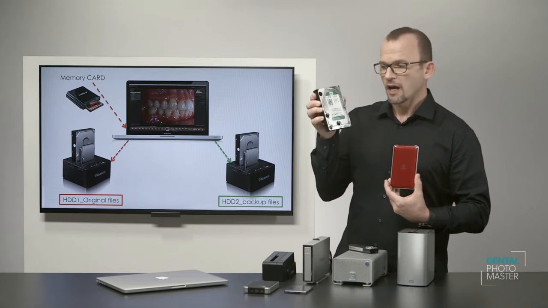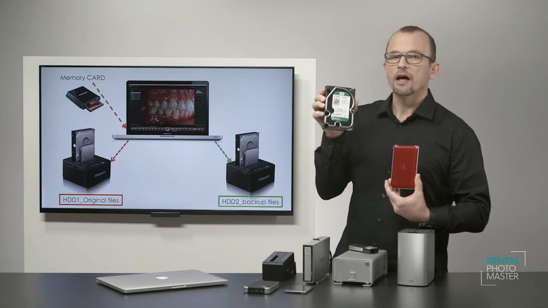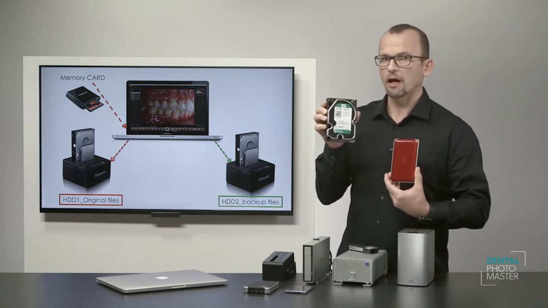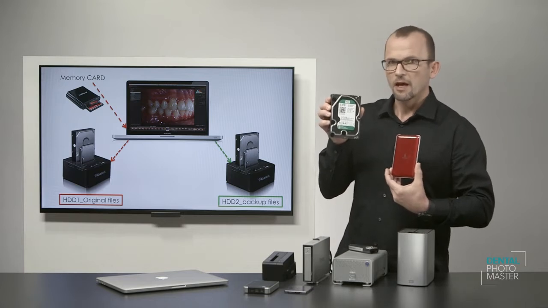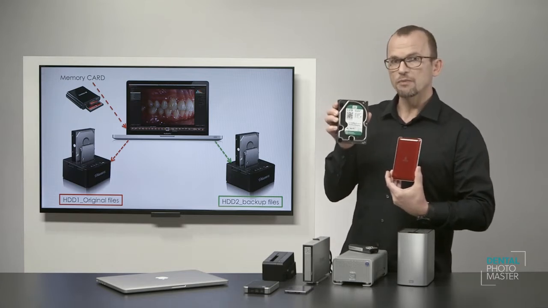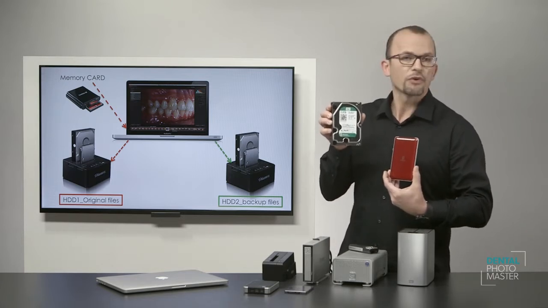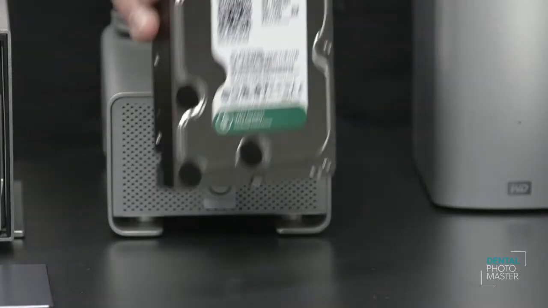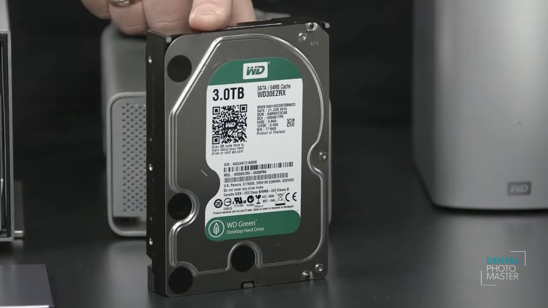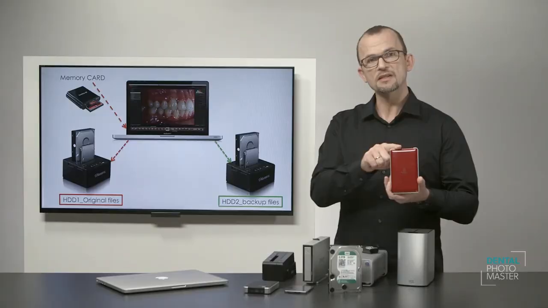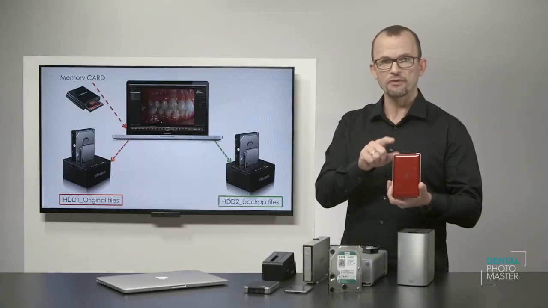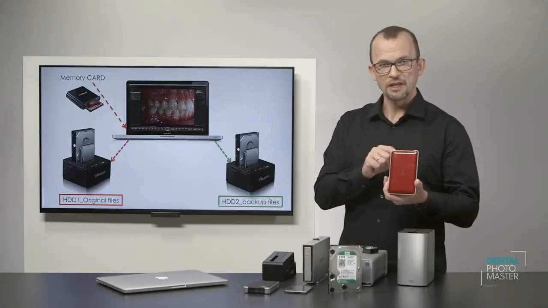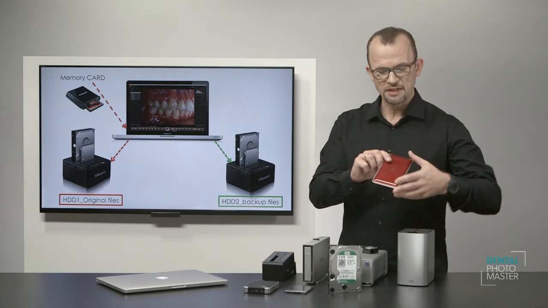And on this disk you will have different volumes which serve as a place where your data will be safely recorded. This hard disk drive is called 3.5 inch, and inside of these portable devices we have the smaller version which is called 2.5 inch because of the smaller size.